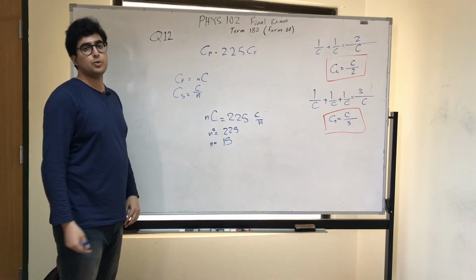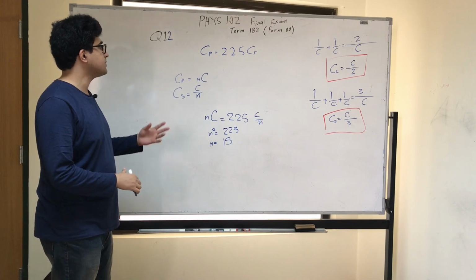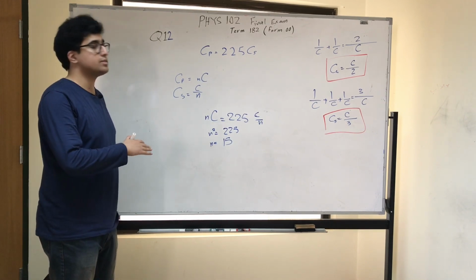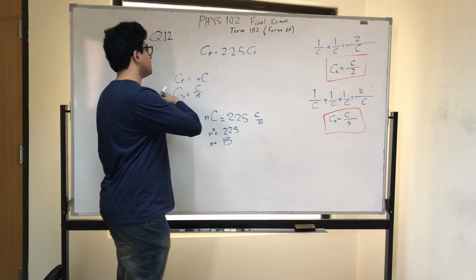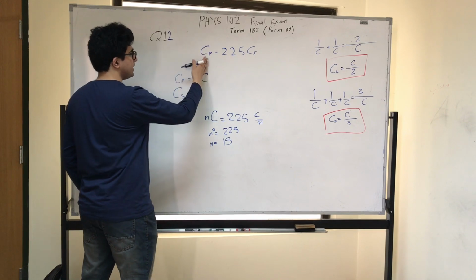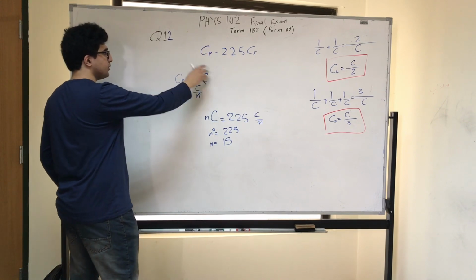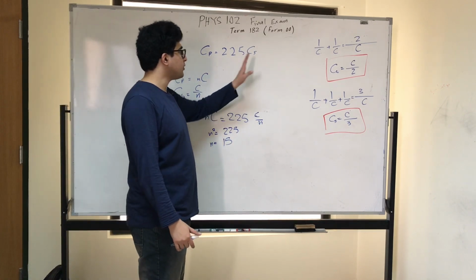All right, guys, for question number 12, it says we have a group of capacitors, and all of these capacitors are identical. And it says that the equivalent capacitance when you add these capacitors in parallel is equal to 200 to 25, the equivalent capacitance when you add them in series.